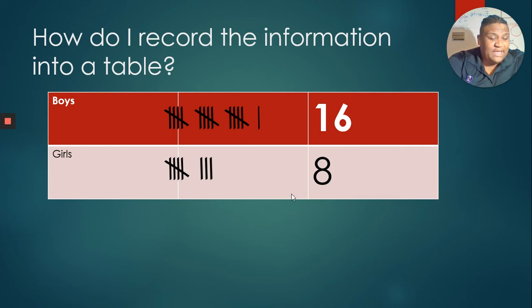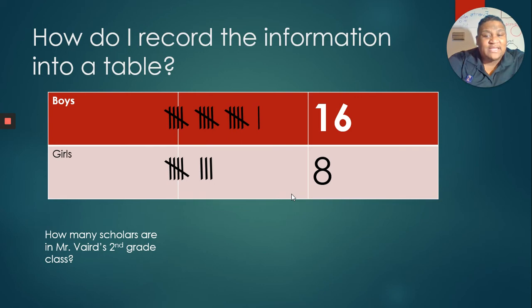Now I need to interpret that information. How many scholars are in Mr. Baird's second grade class? If you counted 16 plus 8 with a total of 24, you are correct.